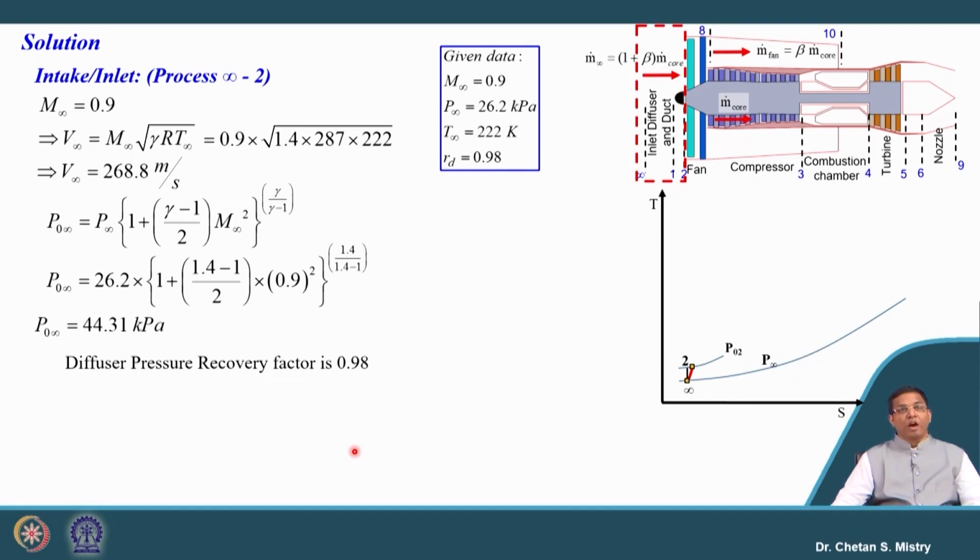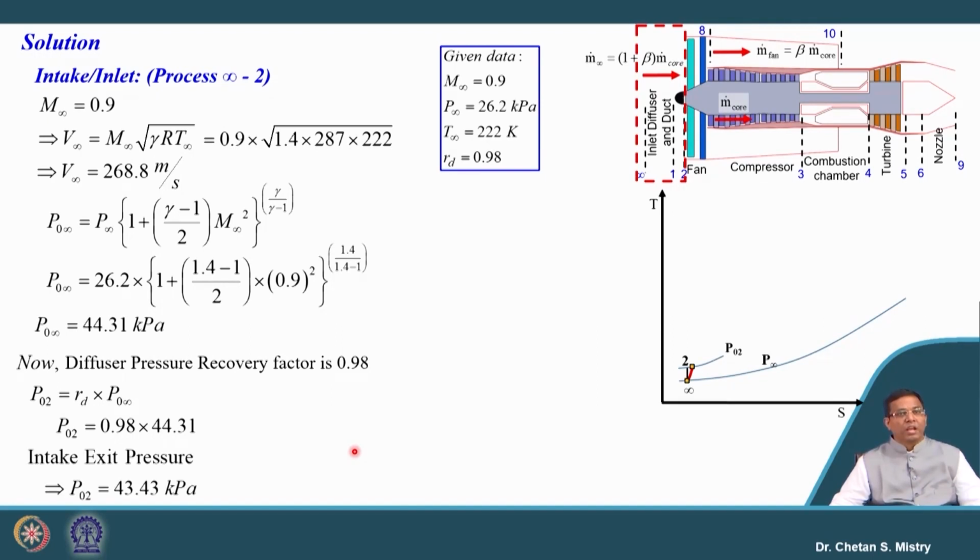Okay. Now, the next step is to calculate our exit pressure. This exit pressure is 0.98 into 44.31. It gives my exit pressure as 43.43 kilopascal. Now, this is my exit pressure from the intake.